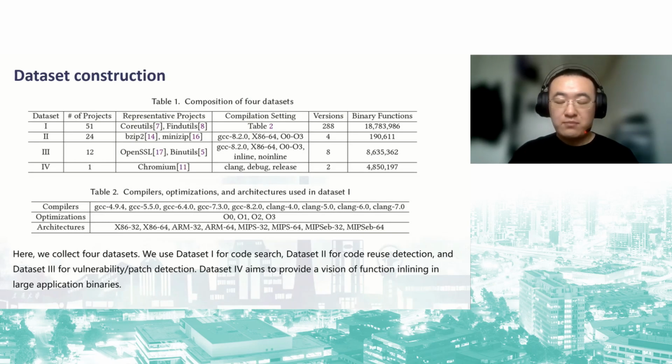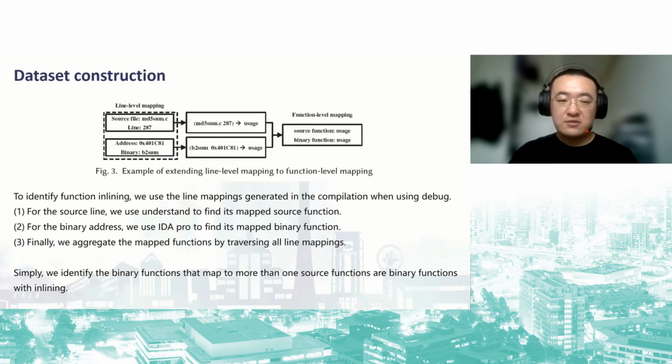After constructing the datasets, we will label it with inlining. To identify function inlining, we use the line mappings generated in the compilation when we use the debug option. For the source line, we use Understand to find its mapped source function. And for the binary address, we use IDA Pro to find its mapped binary function. And finally, we aggregate the mapped functions by traversing our line mappings.